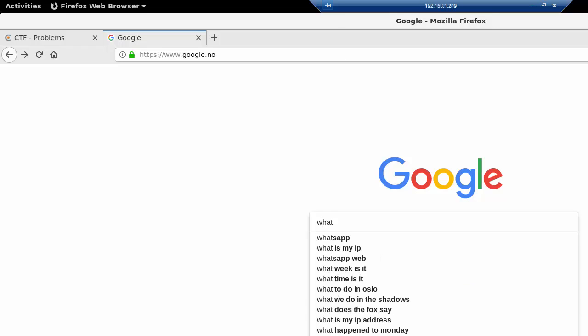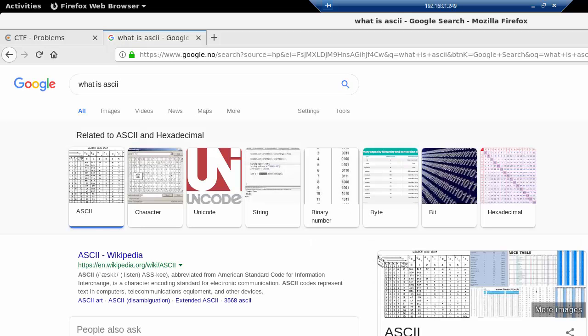search what is ASCII. So ASCII stands for American Standard Code for Information Interchange. Character encoding. ASCII codes represent text in computers.